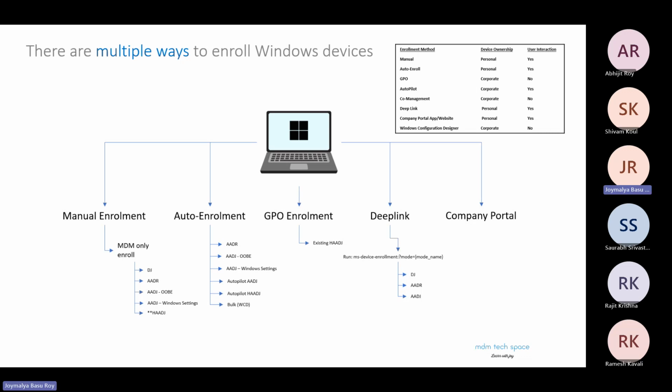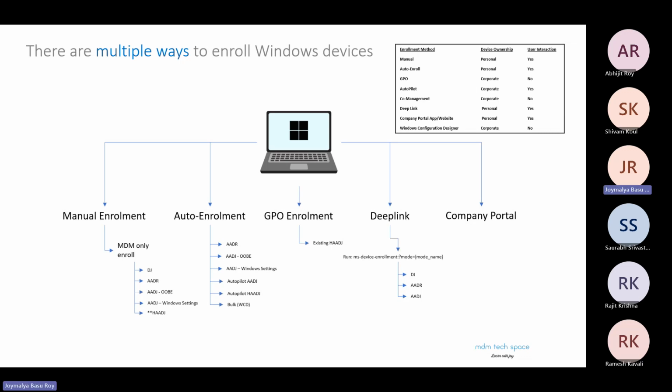Autopilot, like any kind of autopilot that you are doing, comes up as corporate and user interaction is required, unless you are doing it in deploy mode, which is in preview. Co-management, again, device ownership will come up as corporate. User interaction is not required.